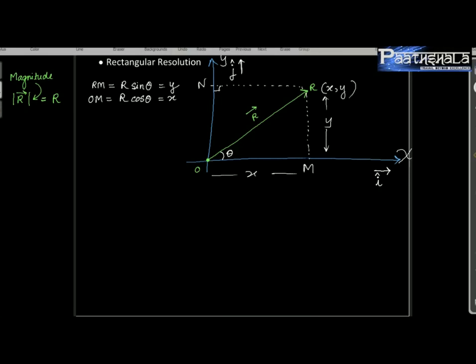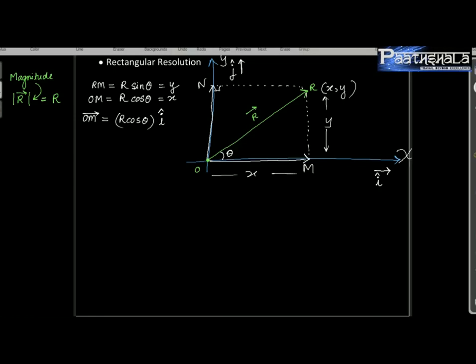So R essentially consists of two vectors, OM bar and ON bar. Vector OM bar can actually be represented as the magnitude of OM, which happens to be r cos theta that you can see just above, and then the direction of OM, which happens to be i cap.